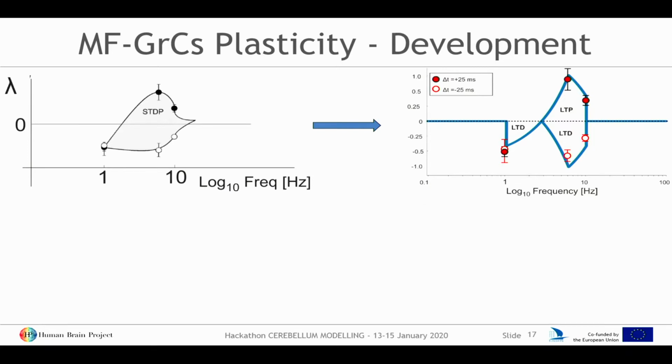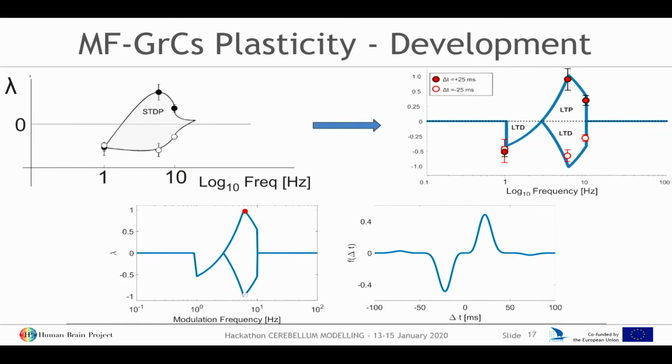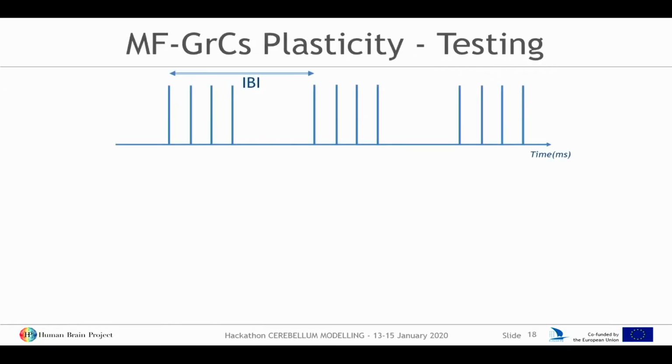For example, with frequencies which are less than 2 Hertz, we just have LTD. Even if we have a positive delta t, we have only an LTD with very low frequencies. So that's what we have done.